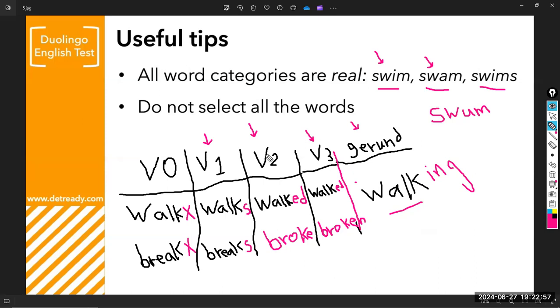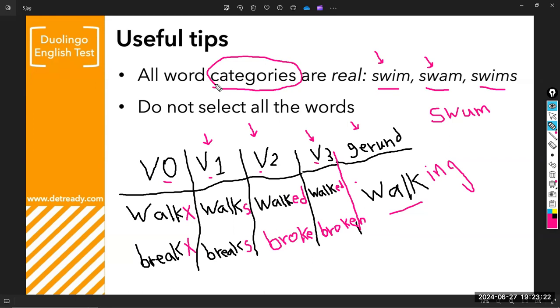Please. Okay. So all these things, verb one, verb zero, verb two, verb three, gerund, are called what? The categories of verbs. I mean, Malak, the real word could be any category in English. Maybe the verb could be in verb one, verb two, verb three, verb zero, or maybe gerund.